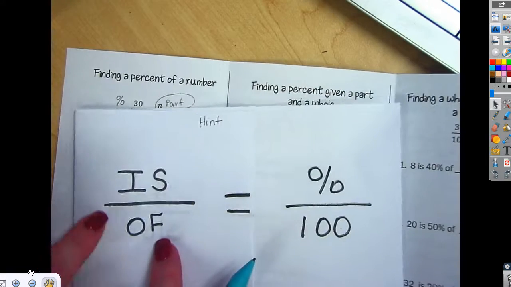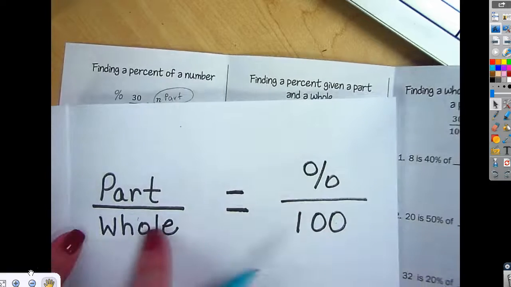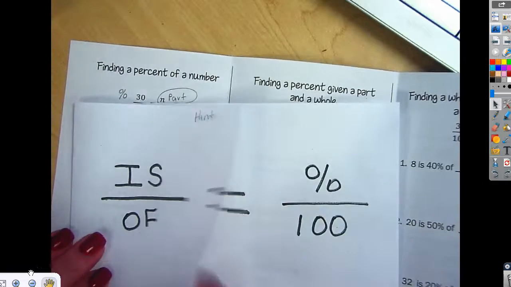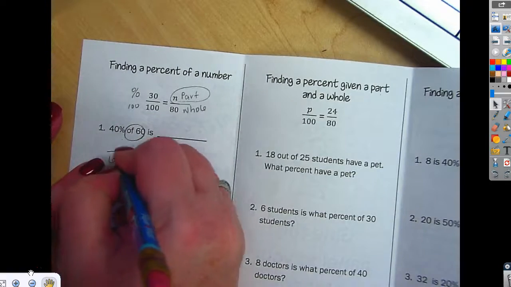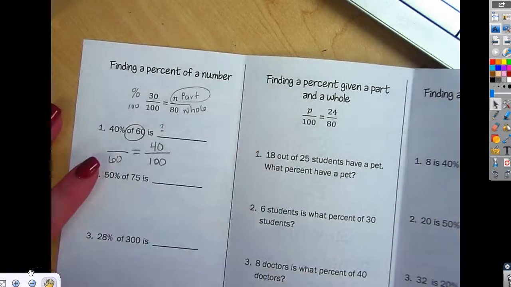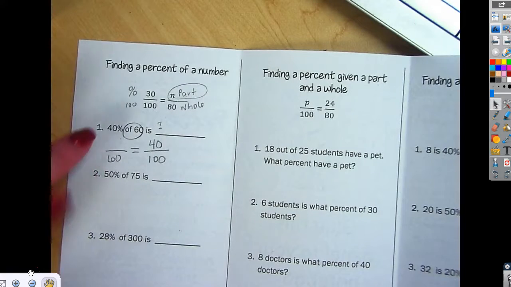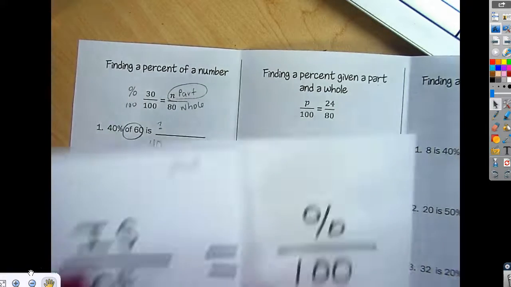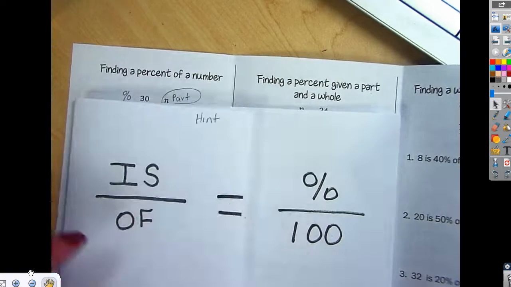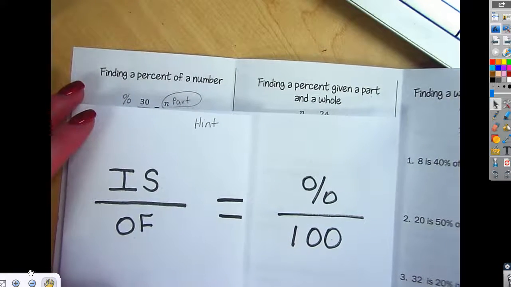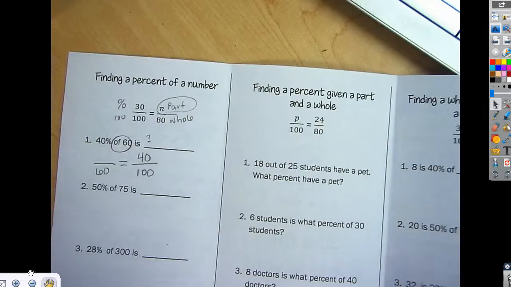Of is our whole, so the 60 goes down here. The "is" is our question mark. That's what we want to find out. Our "is" is our part. Do you see how this foldable can help you figure out how to fill in the missing parts?